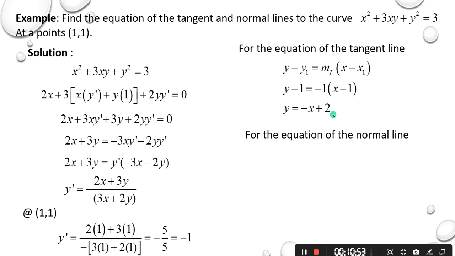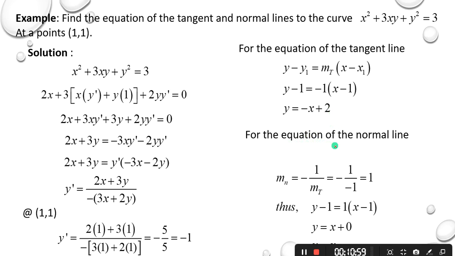Also, for the equation of the normal line, we first have to get the slope of the normal, which is the negative reciprocal of the first derivative of the function, or the y prime, or the slope of the tangent, equals negative 1 over negative 1.